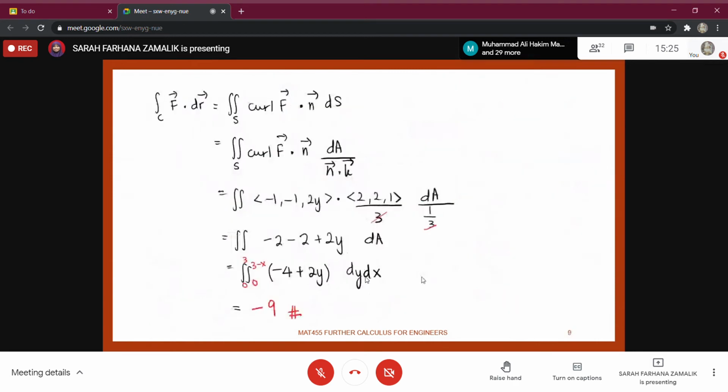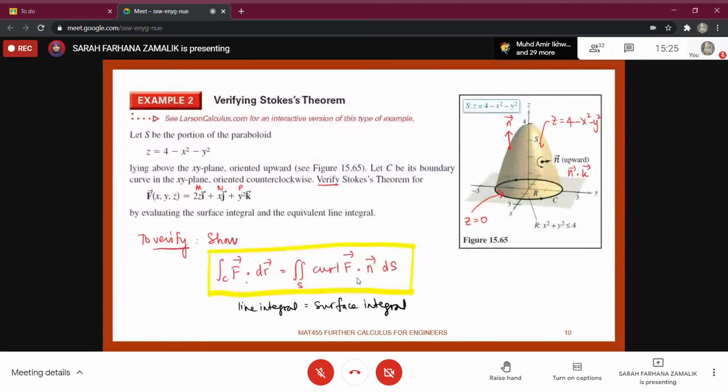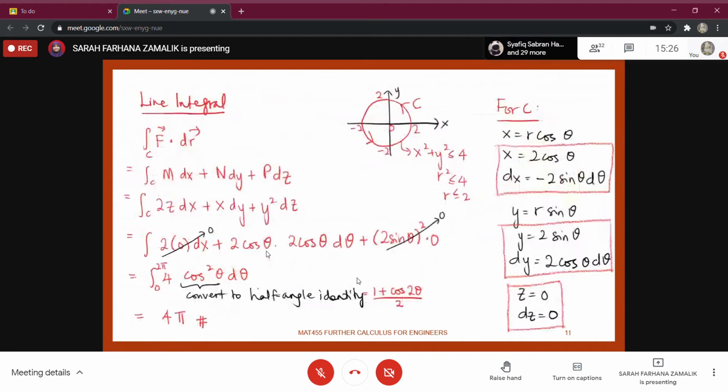So let's look at another example. So in this example, it clearly says verify. Yes, you must show both sides, of course. Show that line integral equals surface integral. So you must verify, you must show both. Okay. So there is nothing else here. Verify both. You must do the line integral, and the other you must do the surface integral.